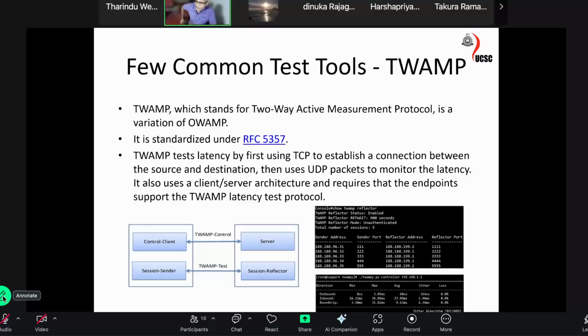But for initial troubleshooting purposes, these are the standardized tools, commonly available for measuring the metrics I mentioned before. Mostly for latency measurements, these tools are quite useful.